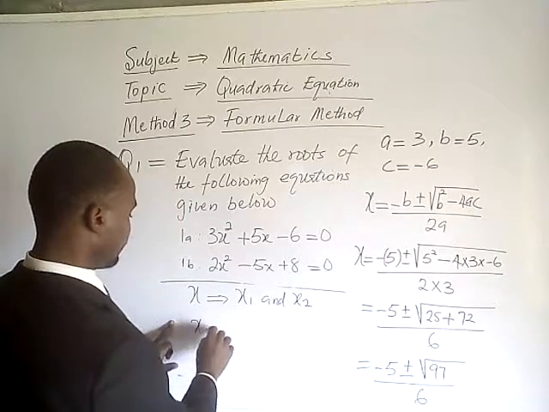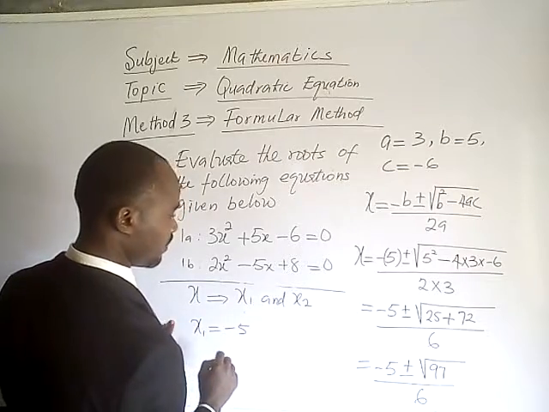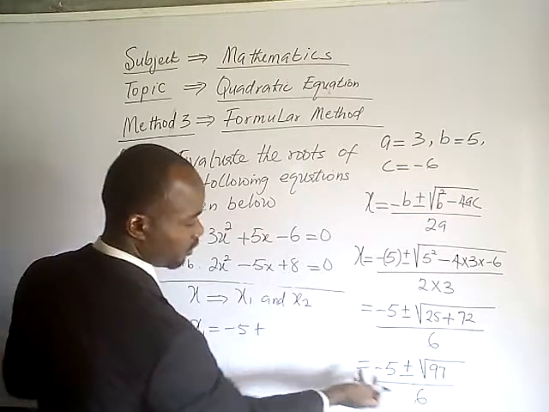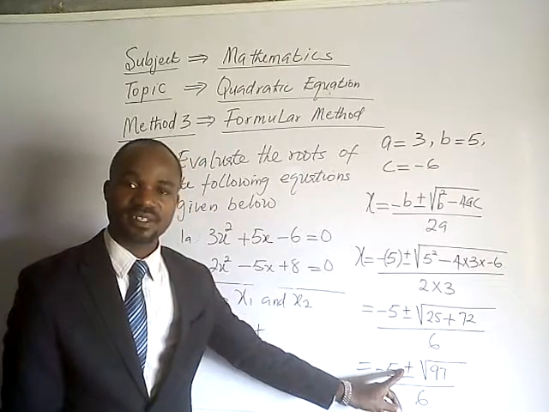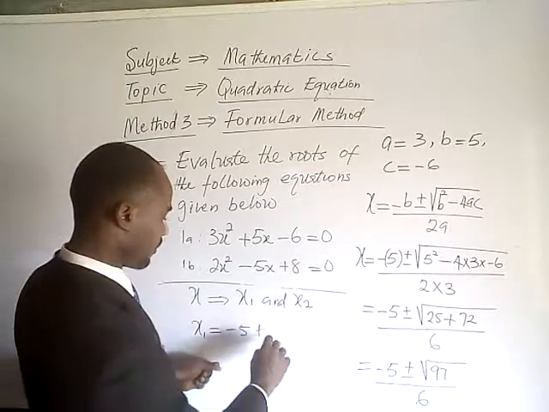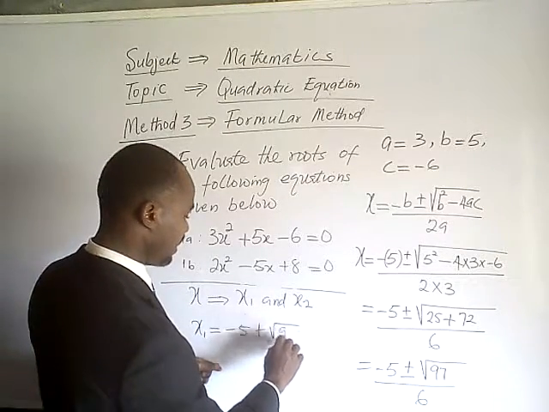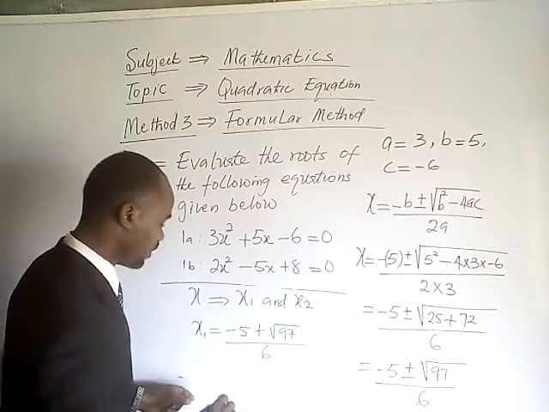So for x1, this will be minus 5, plus, we go with plus first, after which we go with minus. Root 97 all over 6. That's for x1.